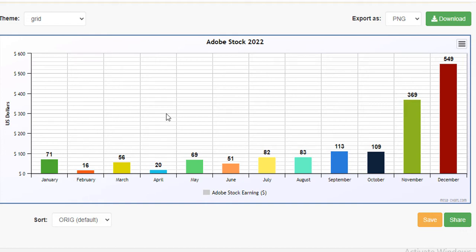And obviously because of this first month, I kept my interest in Adobe Stock that okay, if I can make 70, then obviously it has some potential.